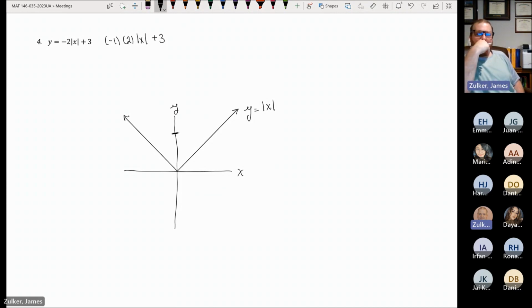So what I'm going to do in scratch work is set this equal to 0 and find the x-intercepts, just so I have some extra points to plot so I can get a more accurate sketch.